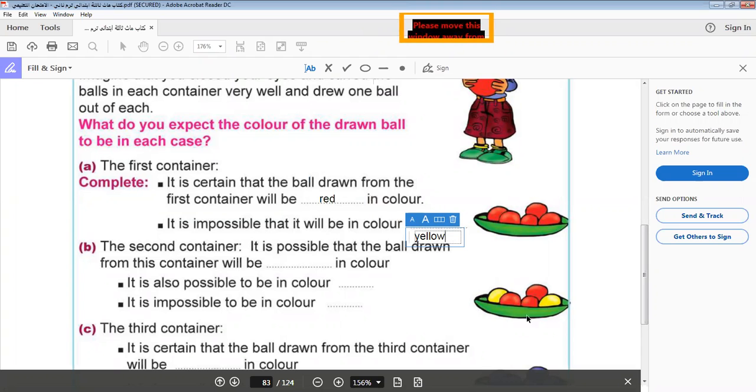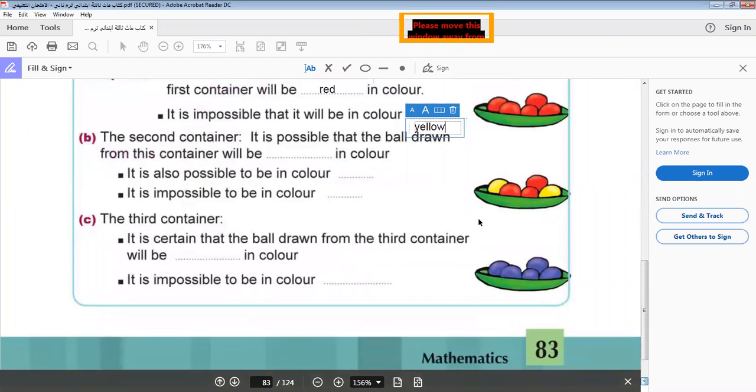The second container, this one. It's possible that the ball drawn from this container will be red in color. It can be red. It also can be yellow because I have both of them.